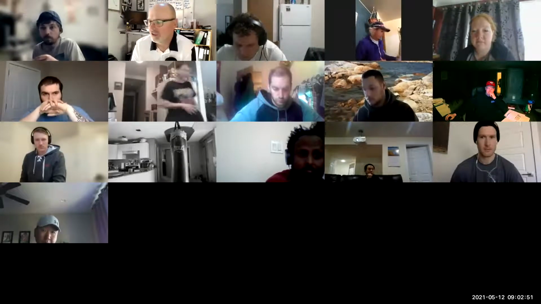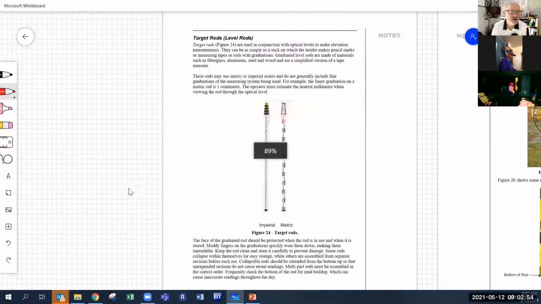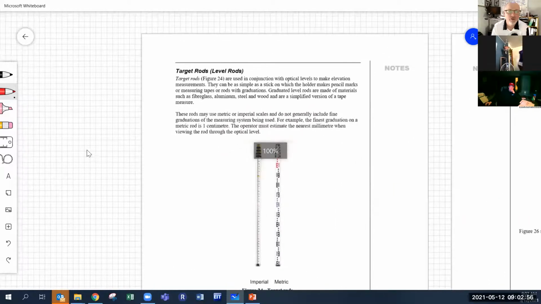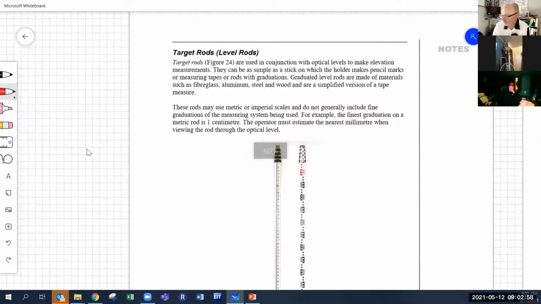Okay, where we left off was right here at target rods or level rods. So these target rods or these level rods are used in conjunction with your builder's level or optical level to make elevation measurements.